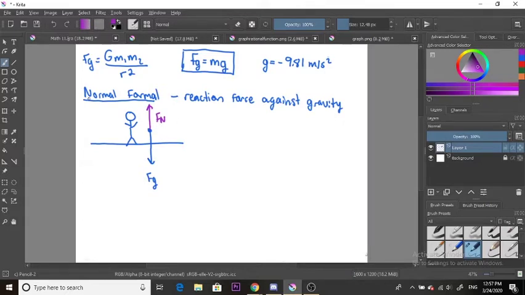Now, we call it the normal force because in physics, normal is equal to perpendicular. So in this case, this normal force is actually perpendicular, forms a right angle to the surface of the Earth. So your normal force must form a right angle, so a 90-degree angle with a surface.